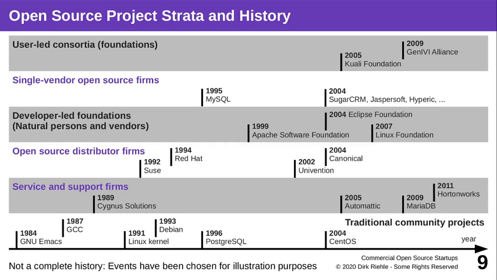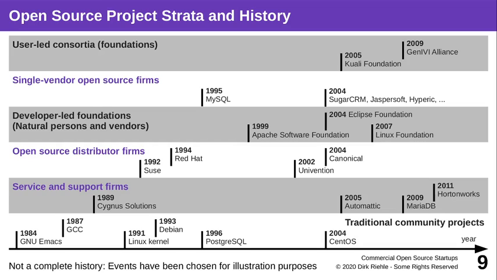So SUSE in 1992 and Red Hat in 1994 were the original Linux distributors, but there are niche players like the German Univention, a Linux distributor focusing on the public governmental space.